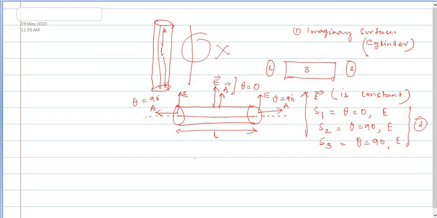Now similarly, we move to step 3. In step 3, we should calculate the total charge.